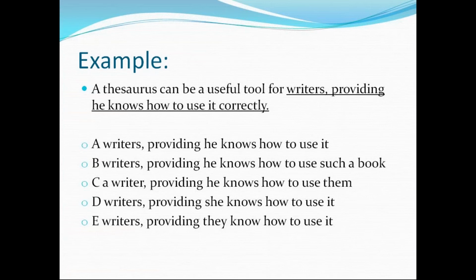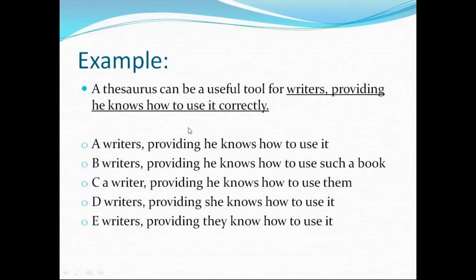So it would be either writer and then he, she, something like that, or they, writers and they. So we need to solve this problem, because we've got an inconsistency here. The writers is plural, but he, the pronoun, is singular. So we need one of these that corrects that problem.